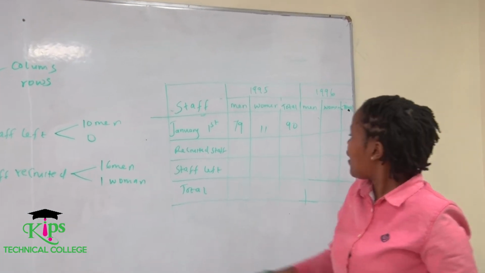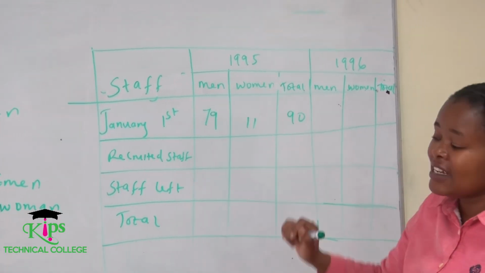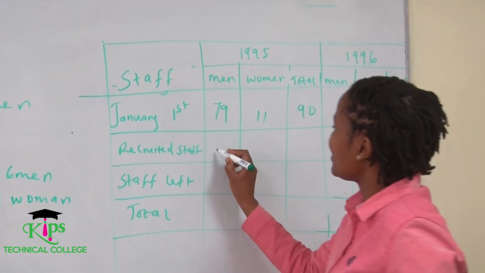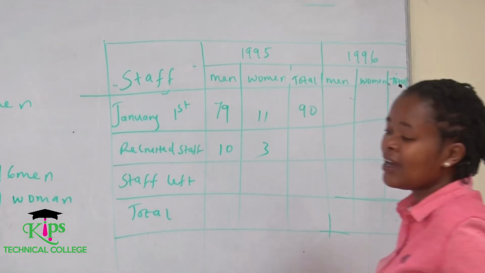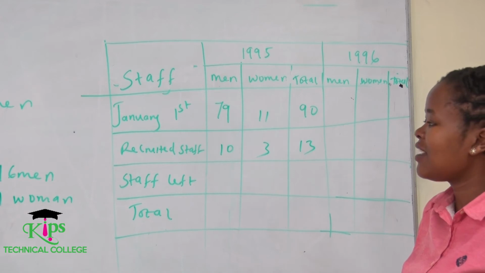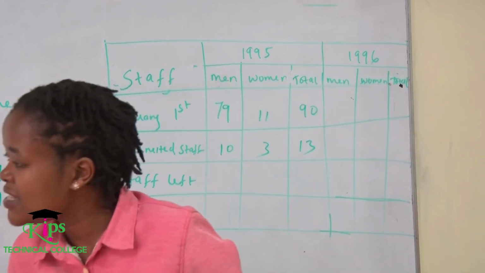Then we have those staff who were recruited during 1995. 10 men were recruited and 3 women were recruited. So this makes a total of 13 staff. And then during the same year, we have those who left the company.